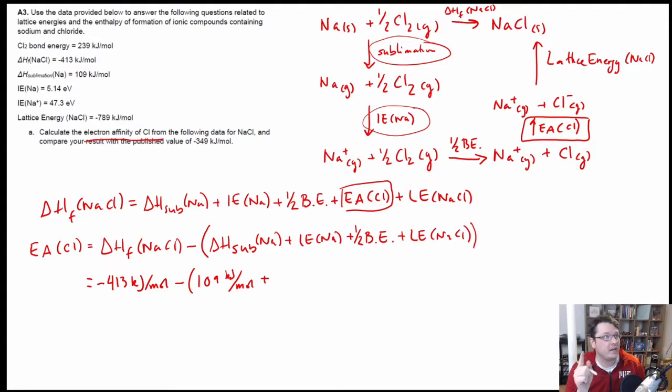One important thing when doing this conversion from electron volts into kilojoules per mole is that we first need to convert it into joules.